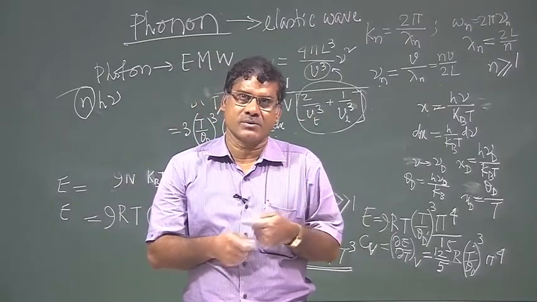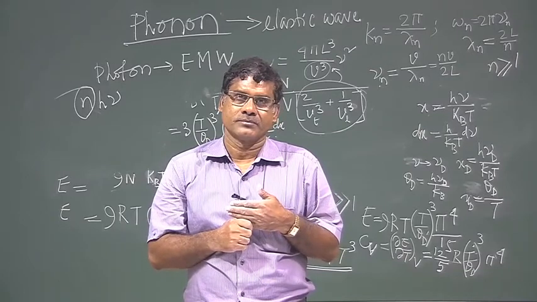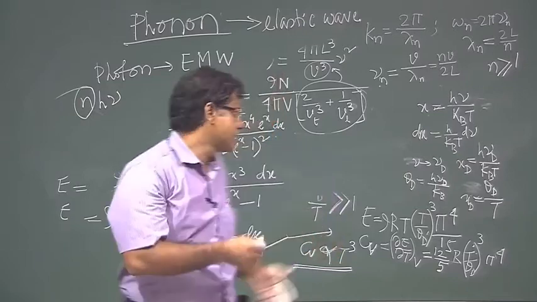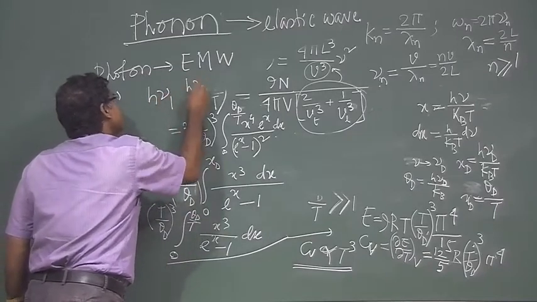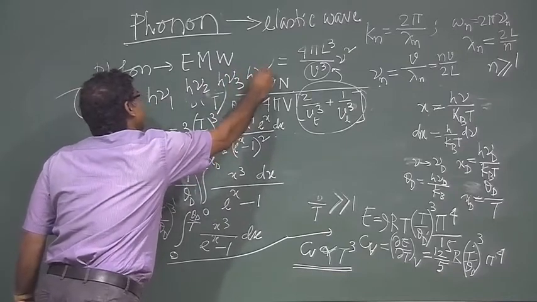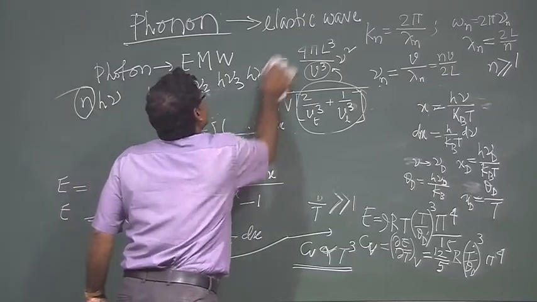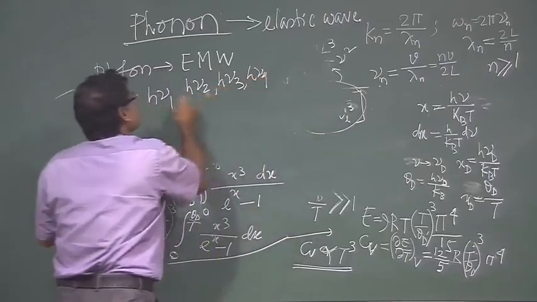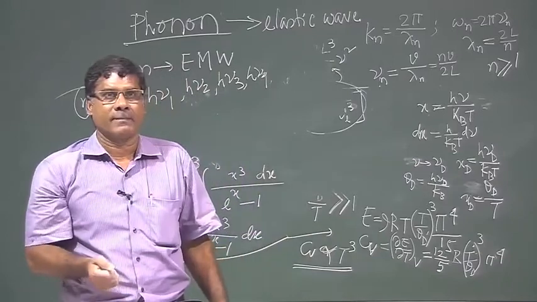For each mode, if it has ground state energy, its smallest energy in terms of this quantity is h nu 1, h nu 2, h nu 3, h nu 4. So, these are the energies of each of the different modes having different frequencies.